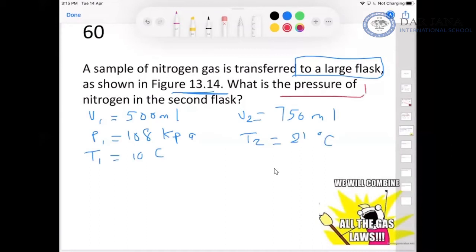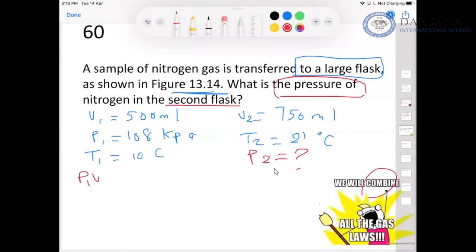Now, what is the pressure in the second flask? So they wanted to find P2. Now, which gas law do you think we have to use here? You have two volumes, two temperatures, and two pressures mentioned in the question, right? So definitely you're going to use the combined gas law.